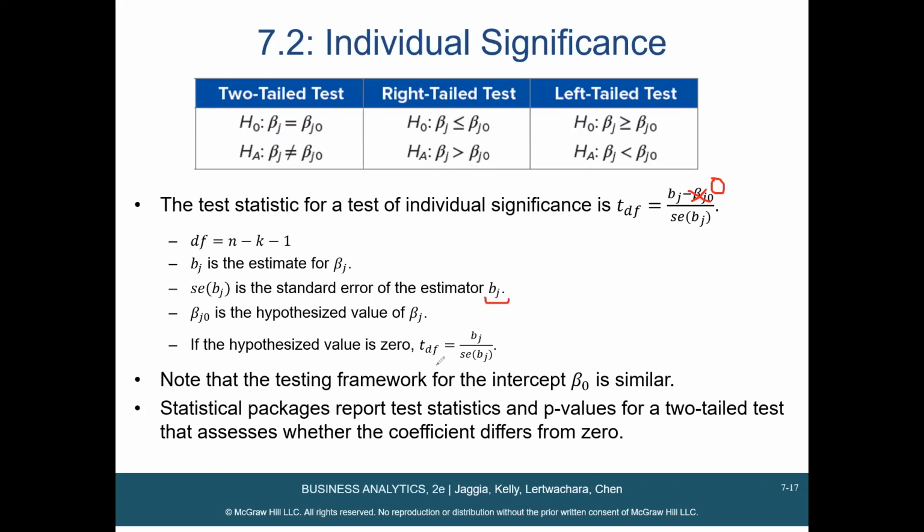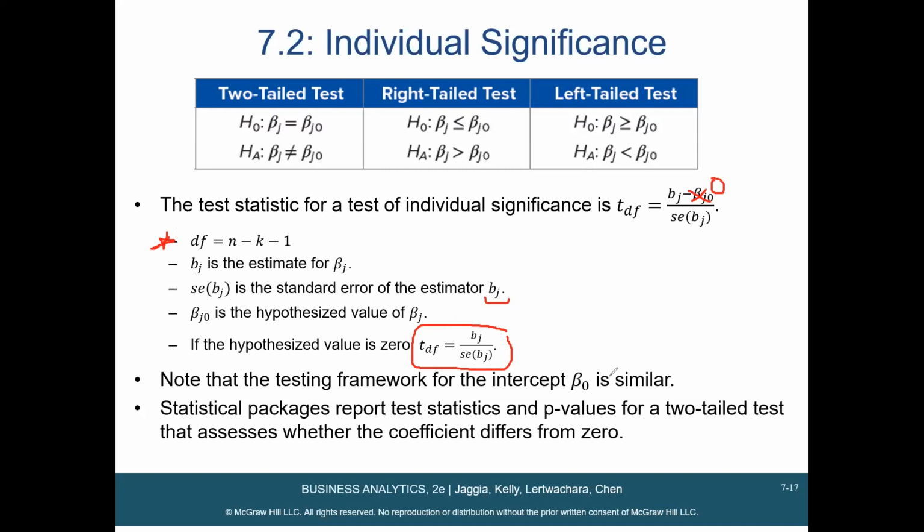And it's going to follow a student's t distribution with the degrees of freedom being n minus k minus 1. Previously we'd seen a lot of n minus 1 degrees of freedom.